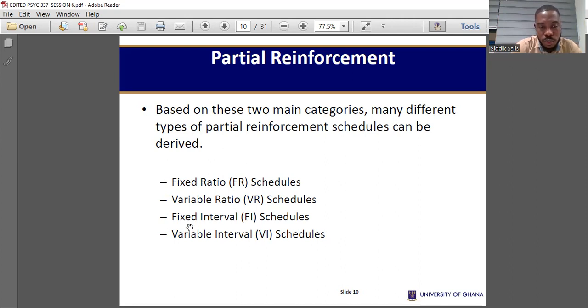Now let's come to interval. Whilst ratio is dealing with the number of accomplishments you achieve that brings the reward, fixed interval deals with time. Interval deals with time.